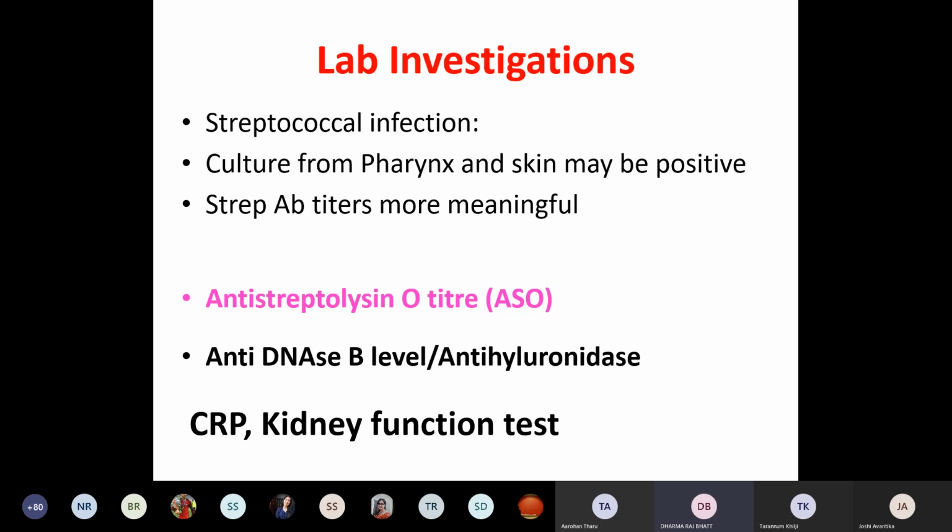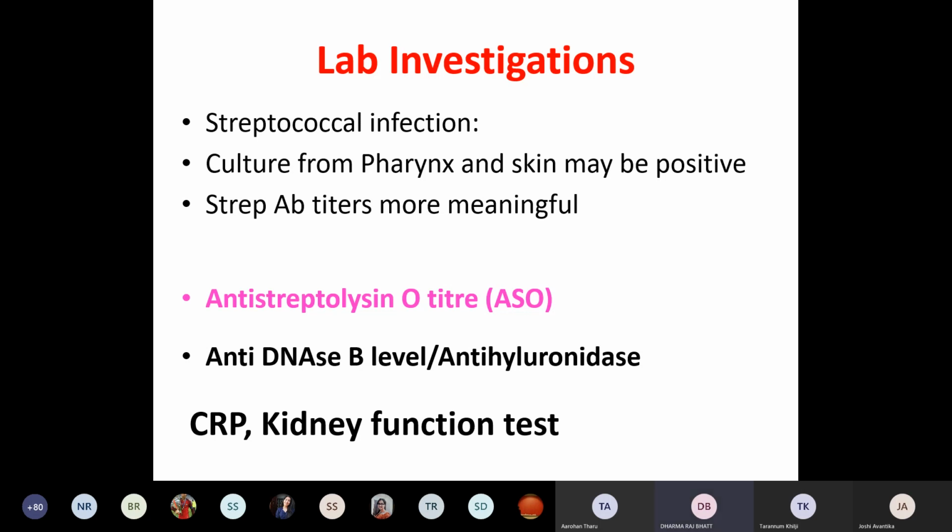Next, about investigations. For detection of streptococcal infection, culture can be performed either from the pharyngeal region by collecting a throat swab, or from the skin lesions.